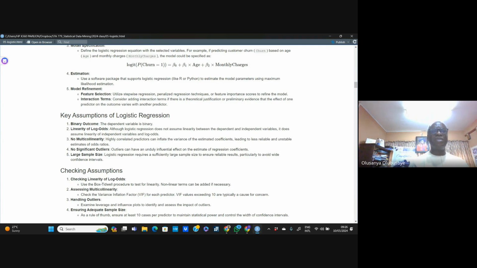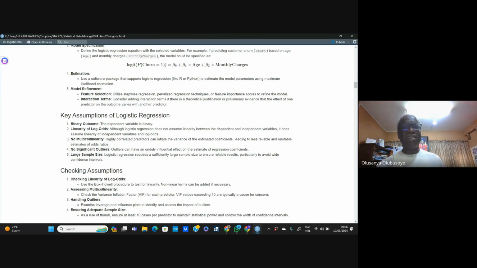Then the assumption of no multicollinearity is very, very important. We are going to see how to check for these assumptions. Then there must be no significant outliers in our data set that can influence the regression estimates, the estimate of the coefficient.